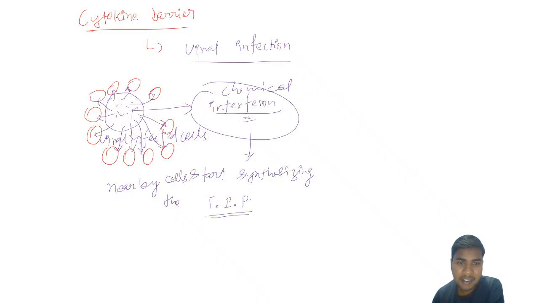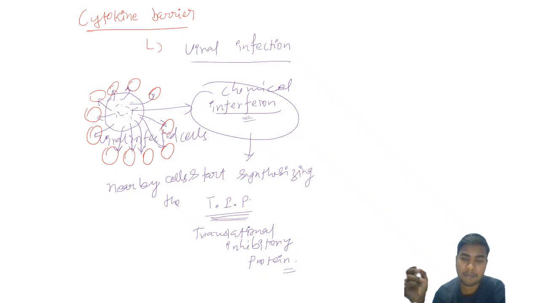So if the virus is targeting the nearby cells, the translation inhibitory protein does not allow the virus further translation.